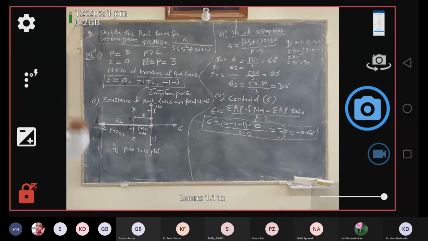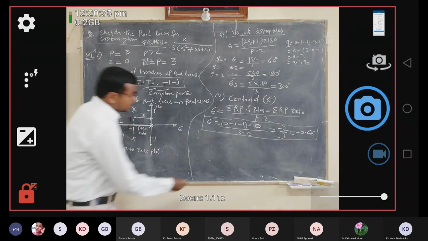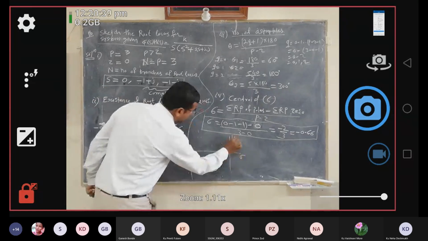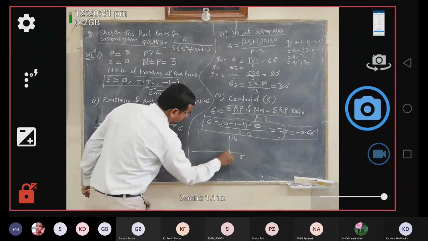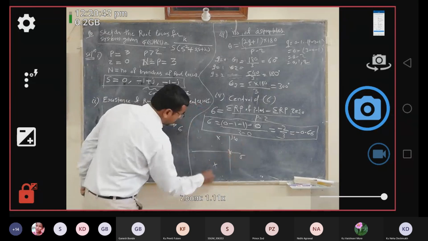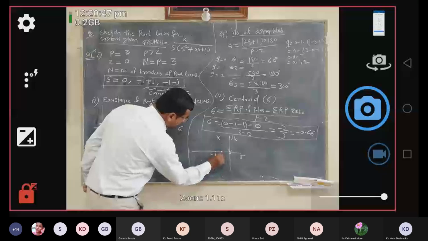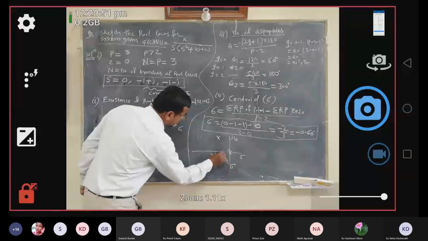Okay, so that means we can locate our centroid in the complex plane, sigma, j omega. Here is one pole. These are another pole. Let's say this could be -1. So here is minus 0.66 equal to sigma. Here is your centroid.